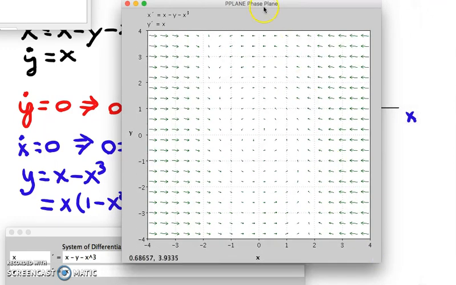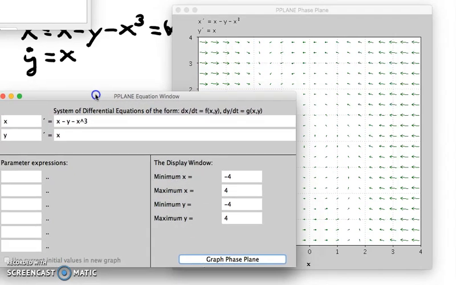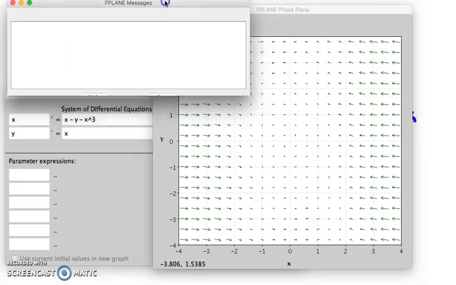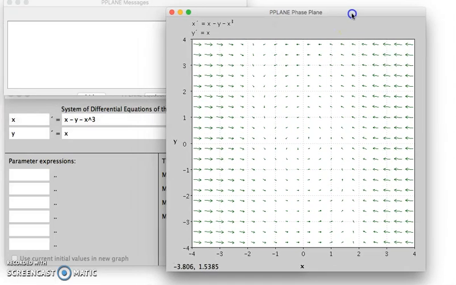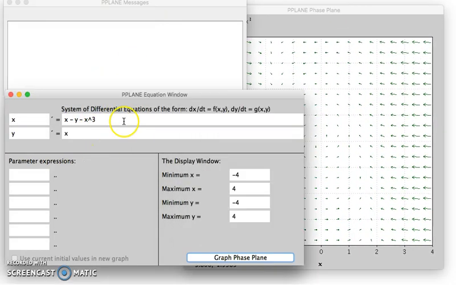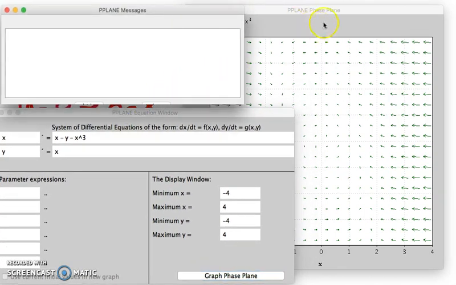Now what p-plane does initially is simply calculate the direction field for various locations in the plane. Let me get everything arranged here nicely.